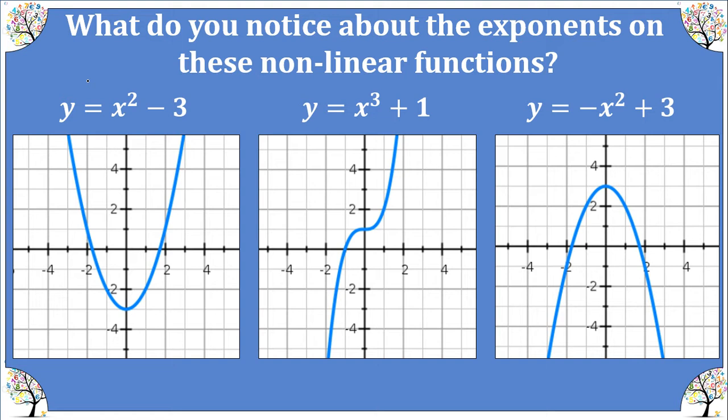Let's take a look at the exponents on the variables of these non-linear functions. So they're all functions, but they're non-linear. So notice the exponent on the x's. These are not a 1. This is what gives them their curve. It makes them non-linear.